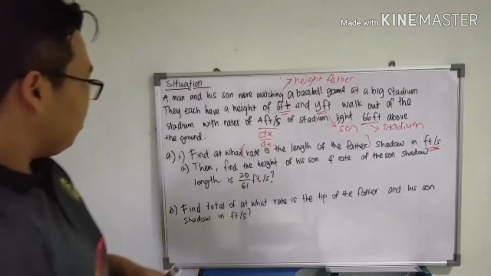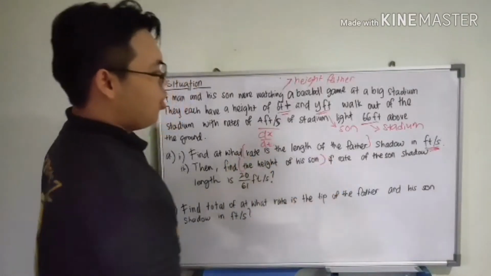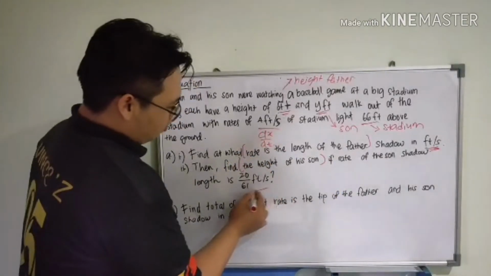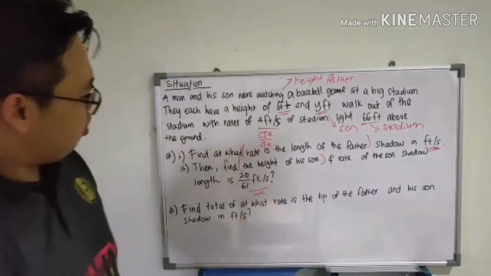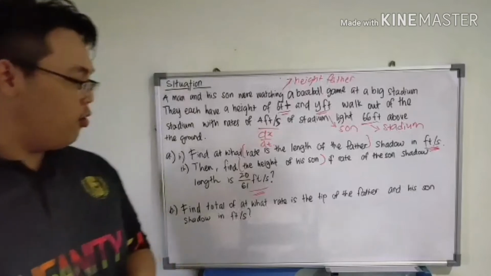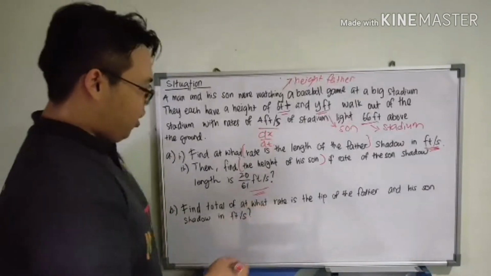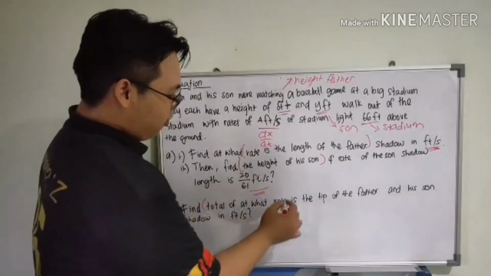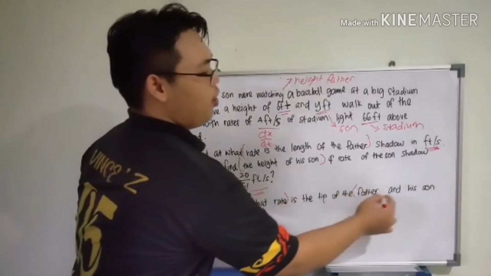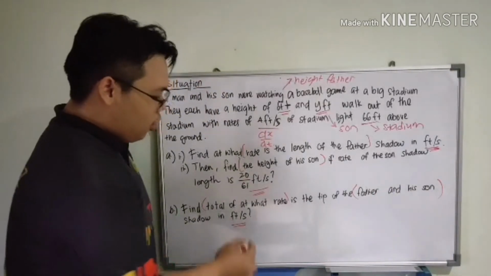And second, we want to find the height of his son, and this is what is given for you to calculate. It is very important for you to do the calculation. And B, you want to find the total rate for the father and son. Remember that, and the unit.